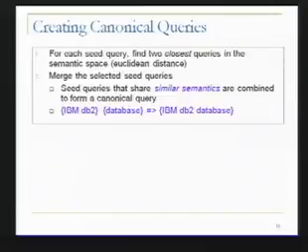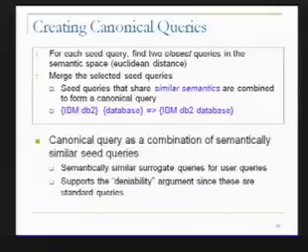The use of the canonical query is, one, that several seed queries map to this canonical query, and also the canonical queries are going to act as a semantically related surrogate query for the user query.